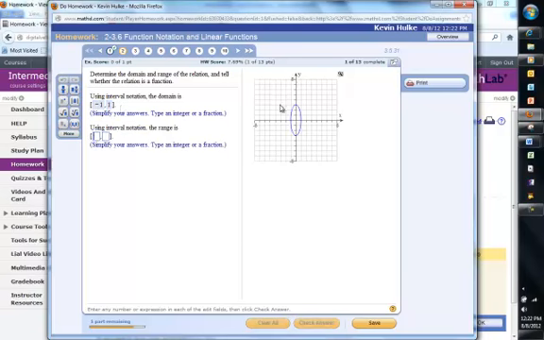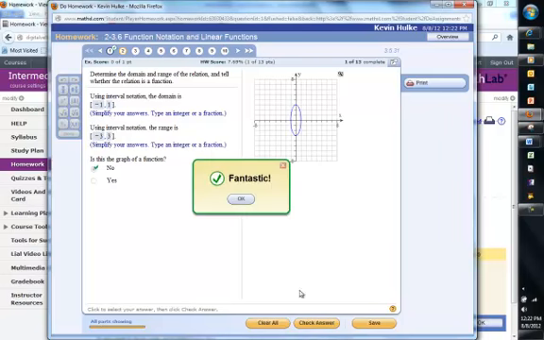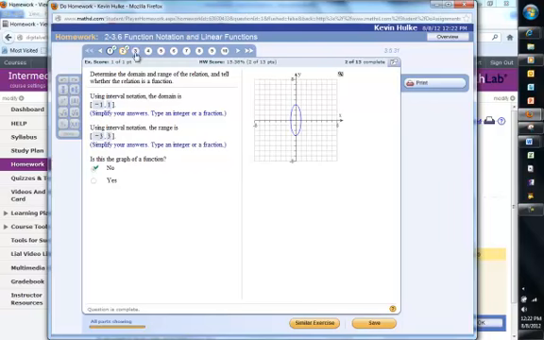The choices for the range are from -3 to +3, right? Remember, range is the choices for y, domain is the choices for x. It is not a function because the vertical line test, you cross it more than once.